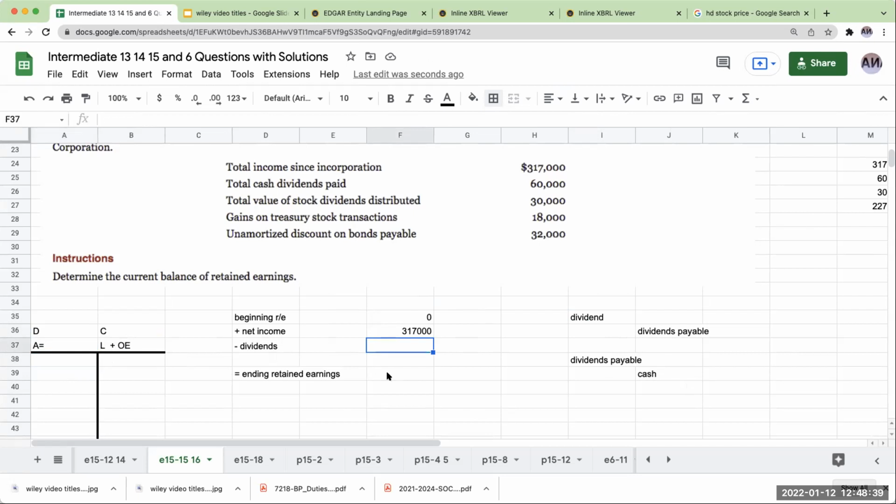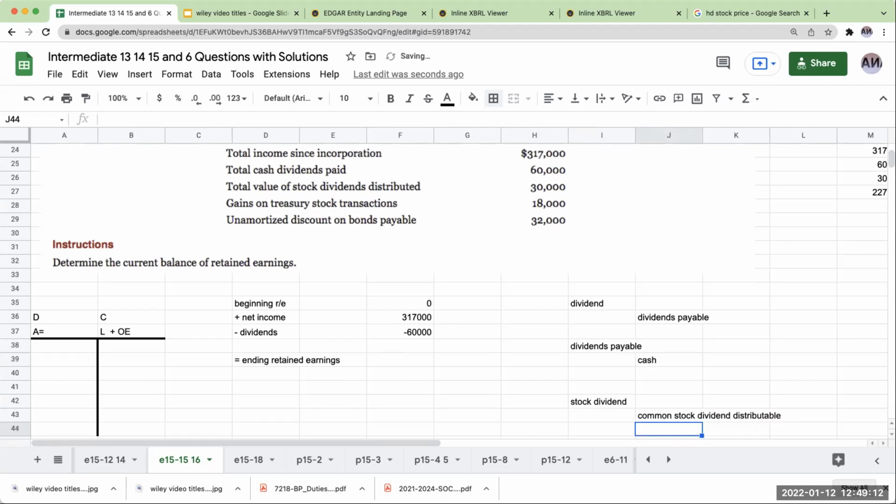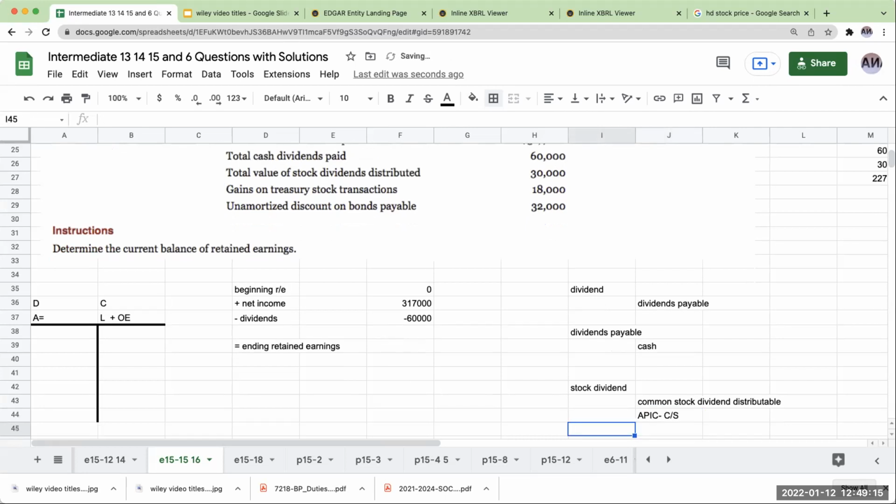So for the cash dividend, this is going to decrease retained earnings by 60,000. Now, what about stock dividends? If it's below 20% or 25%, it's considered a small stock dividend, not treated like a stock split. So I'm going to debit stock dividends, credit common stock dividend distributable, and credit additional paid in capital, common stock.